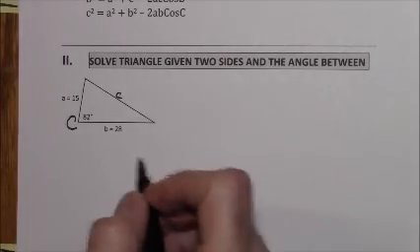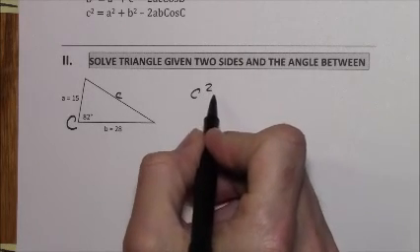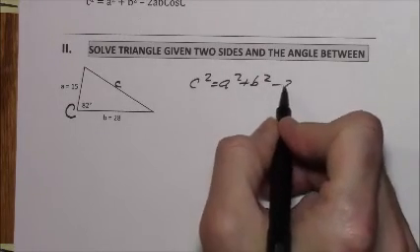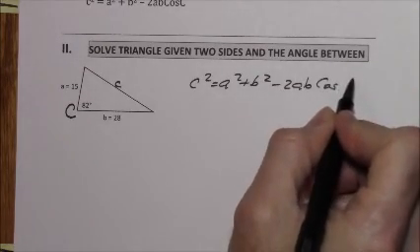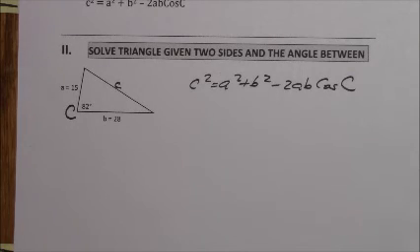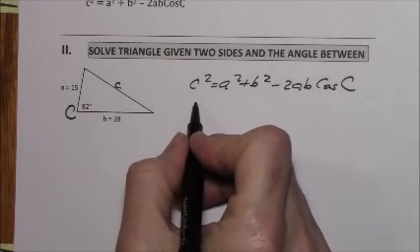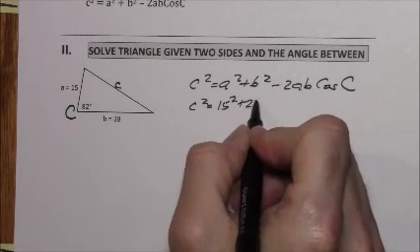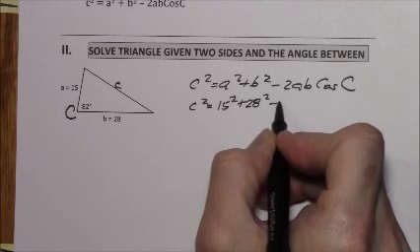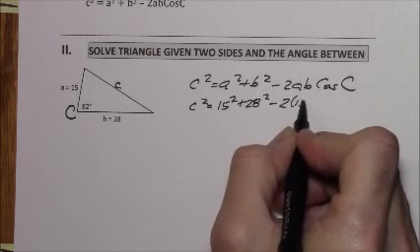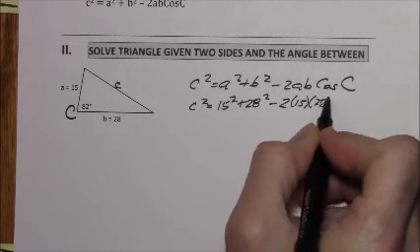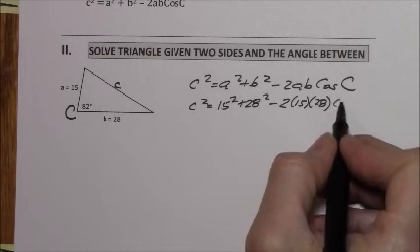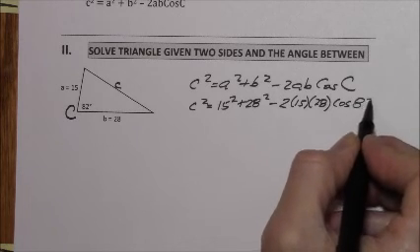So we will do C squared equals A squared plus B squared minus 2AB cosine C. When we plug in these numbers, C squared is equal to 15 squared plus 28 squared minus 2 times 15 times 28 times cosine C. I'm just going to put cosine 82 right now.